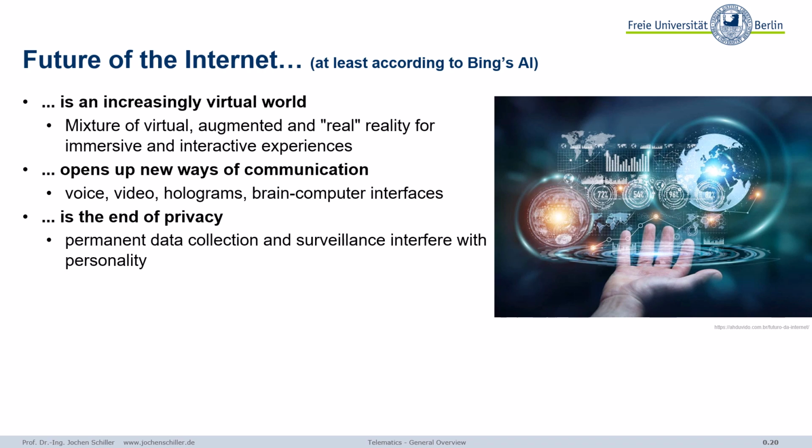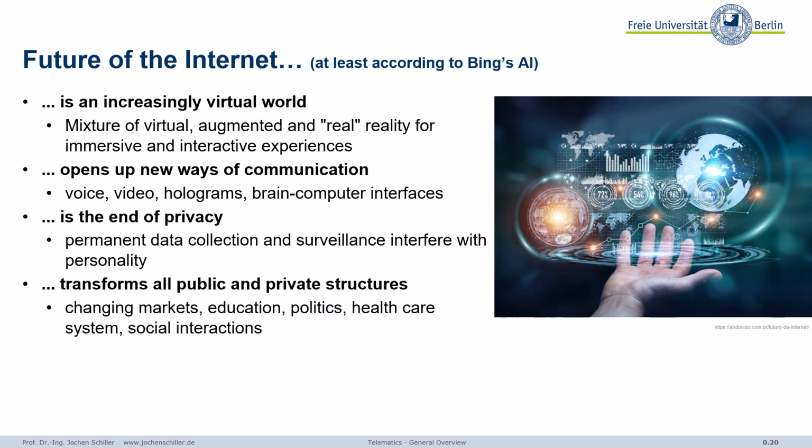Well, already I think 15 years ago, someone wrote that the end of privacy is here because we collect so much data. And we know basically everything about everybody. And you do not even need an account at one of these big companies. The companies know basically everything about you, whether you like it or not.